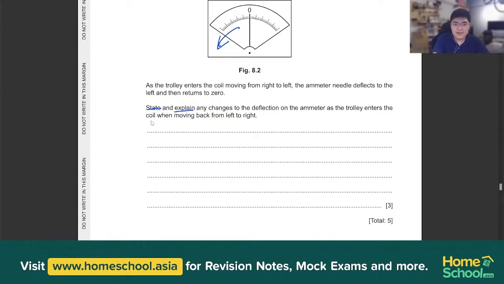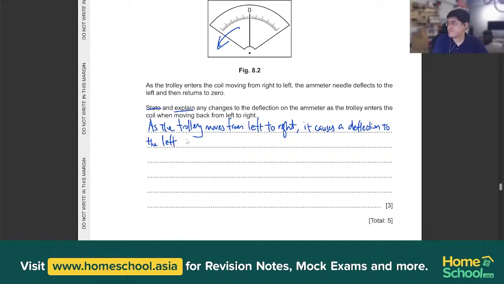Okay, so as the trolley moves from left to right, it causes a deflection to the left that is less than the first deflection.